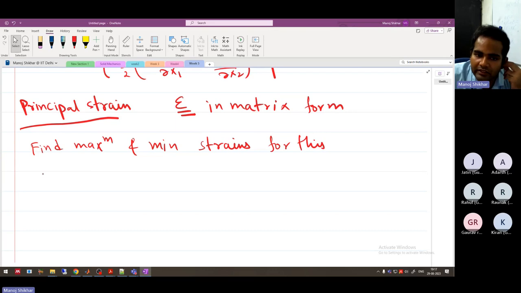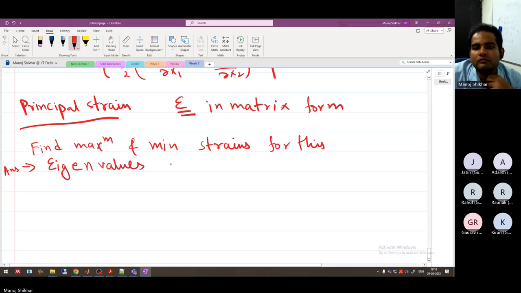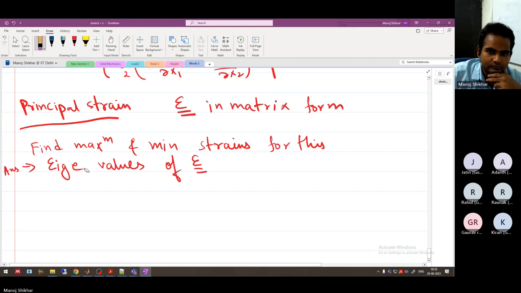So what you will do is find the eigenvalues of epsilon. I'm writing E as epsilon, sorry.